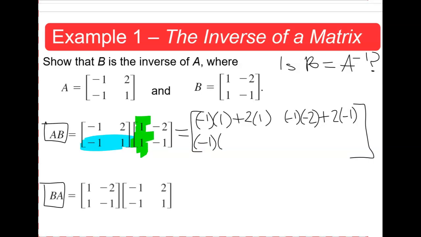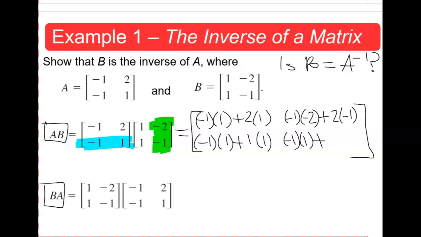So -1 times 1 plus 1 times 1. And now we're going to multiply the second row of the first matrix times the second column of the second matrix, and that will be -1 times 1 plus, oh, I made a mistake. It should be -1 times -2 plus 1 times -1.